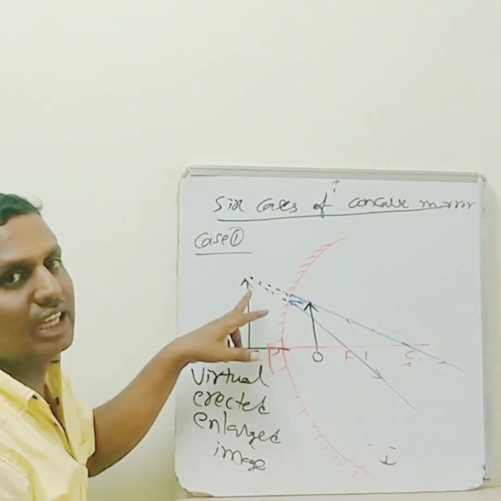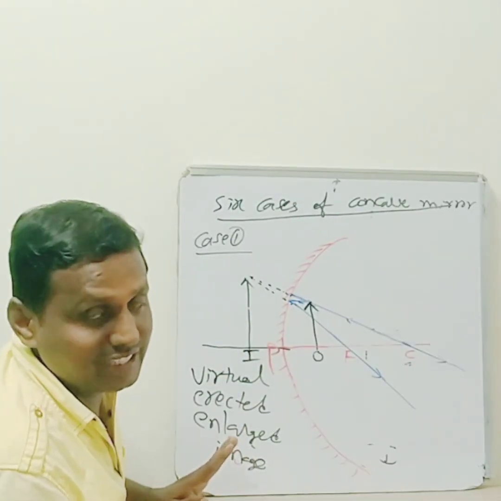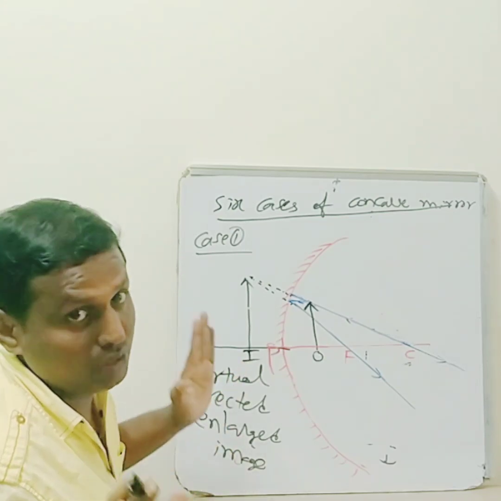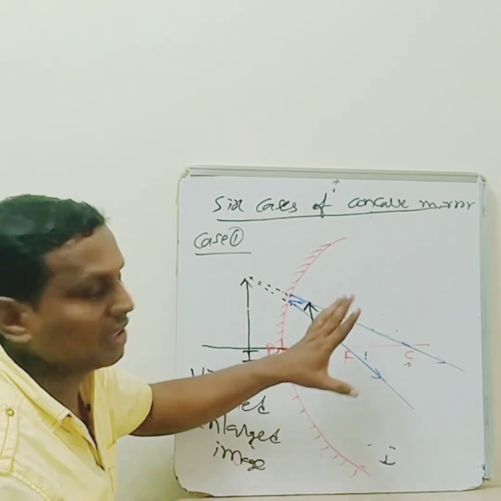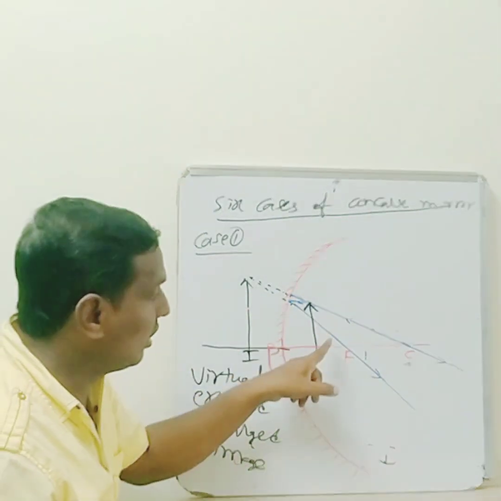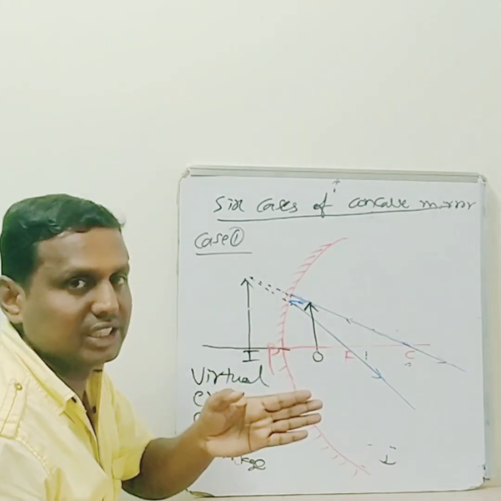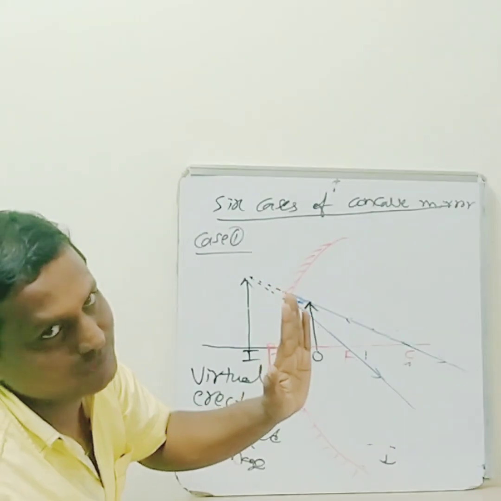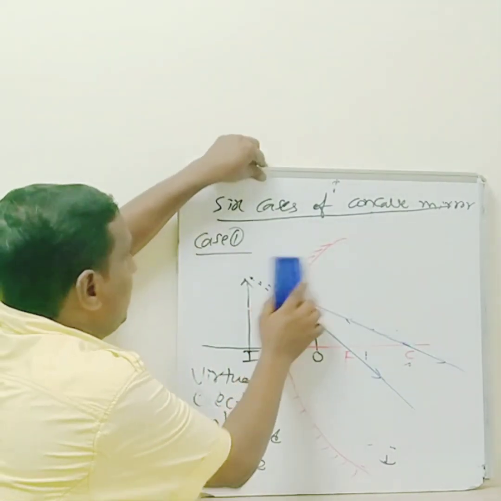Then the image is here: enlarged, erect, virtual image. Clear? This is case 1. Be careful, dear students. Here we use rule 1 and rule 3. Rule 1 is this one, and rule 3. We use rule 1 and rule 3 in this case. Okay? This is case 1. Clear? Next, case 2.